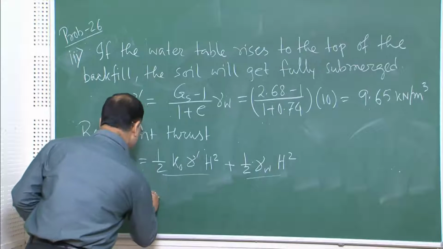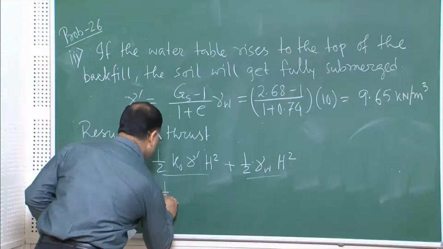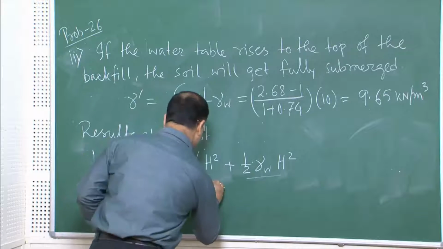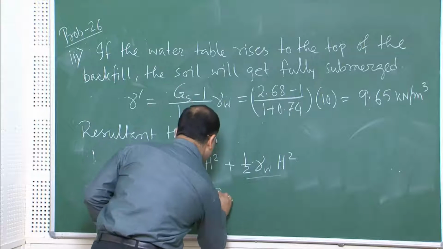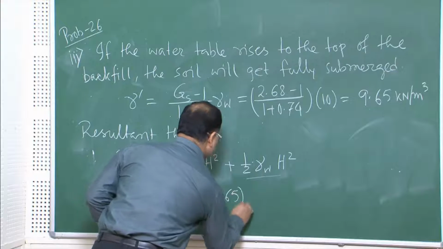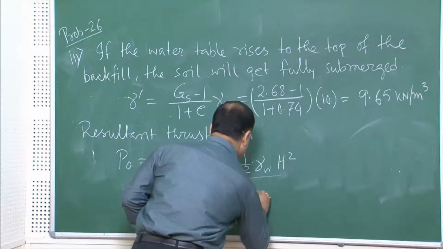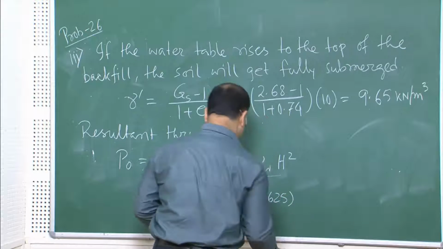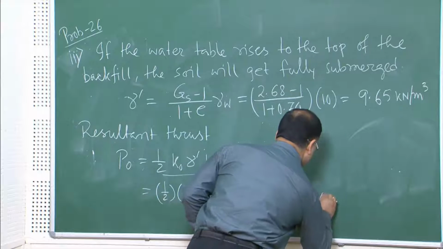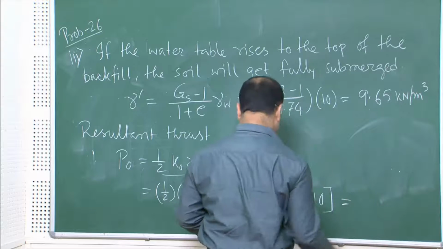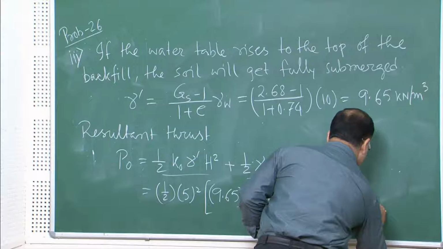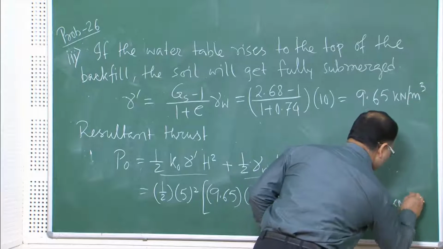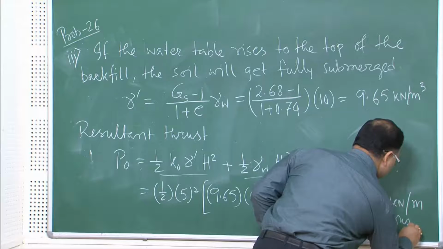So, if I put the values, half H square into gamma prime multiplied by K naught plus gamma w is equal to 192.8 kilonewton per meter run.